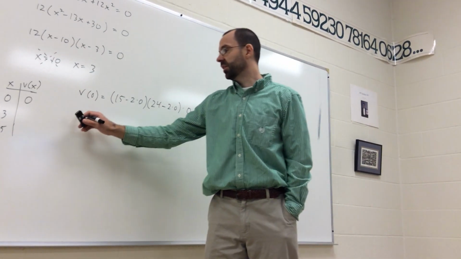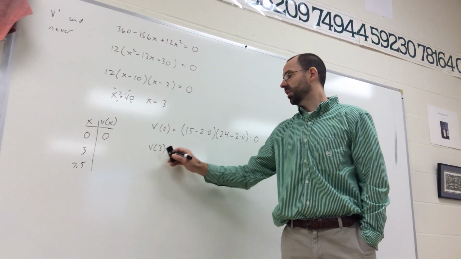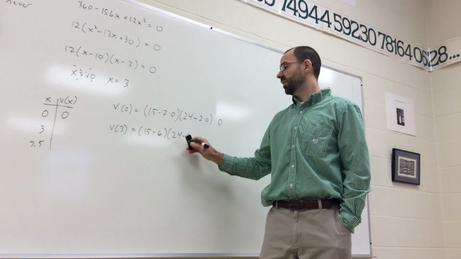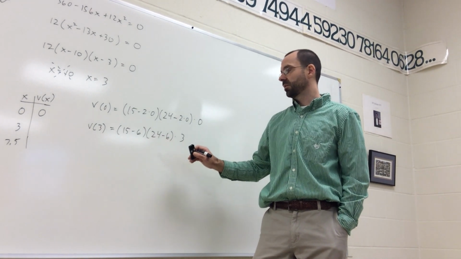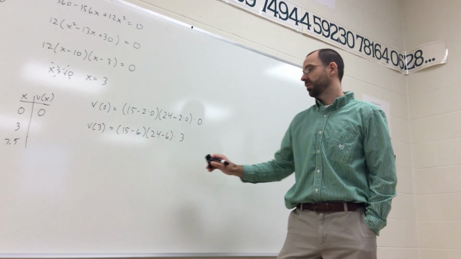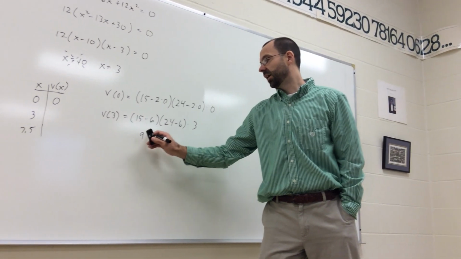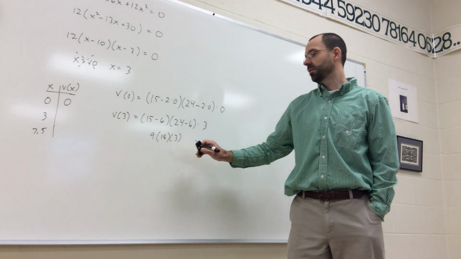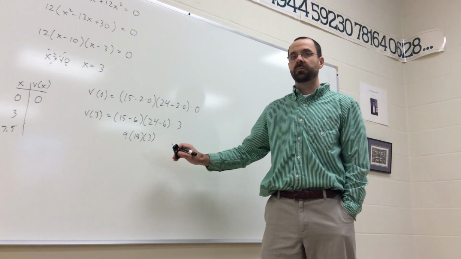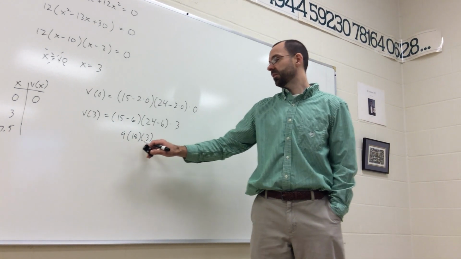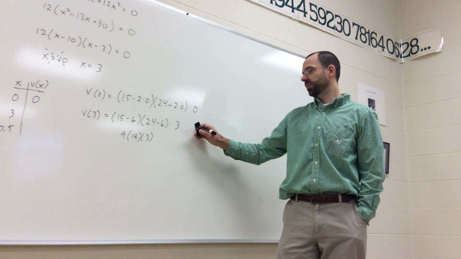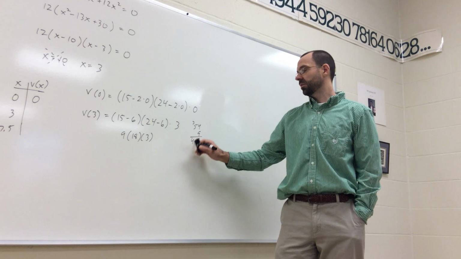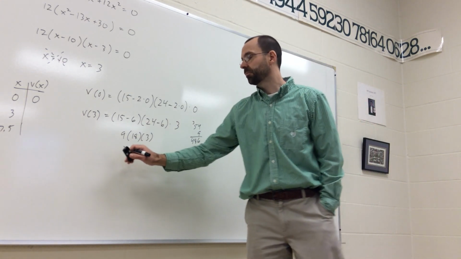Okay, then if I plug 3 into the volume, that'll be 15 minus 6 times 24 minus 6 times 3. So 9 times 18 times 3. I know 3 times 18 is 54, and 54 times 9 is 486.